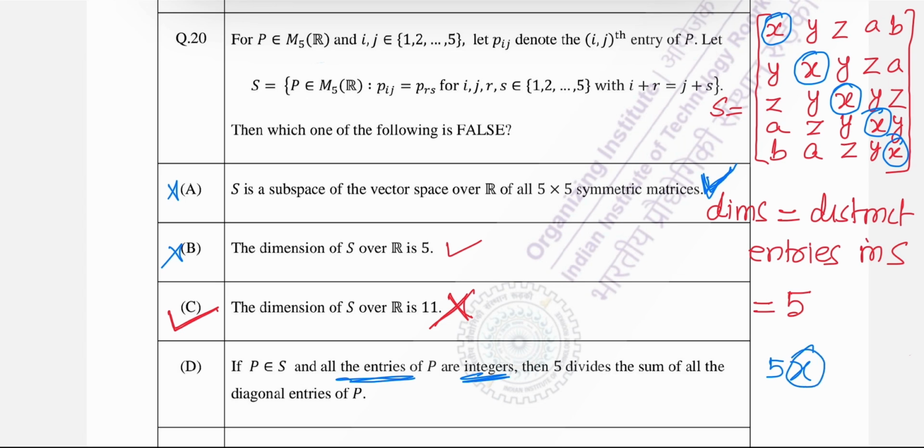So if x is an integer, then obviously the sum 5x is divisible by 5. Okay, so it is true. So the statement is true, but it is not our option because we have to choose the false one. So our option to be marked is C. So we are done now.